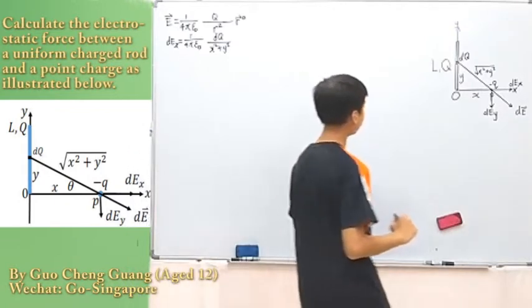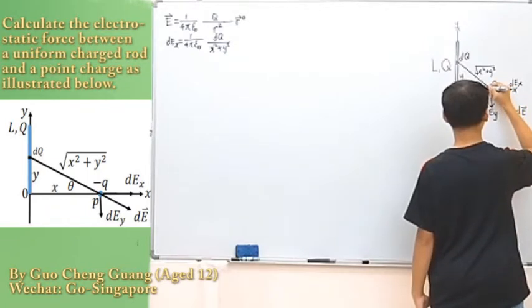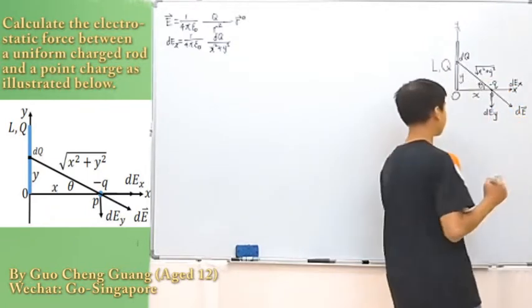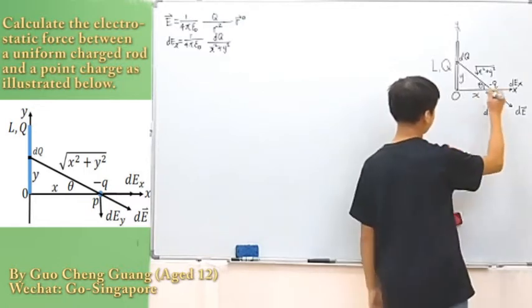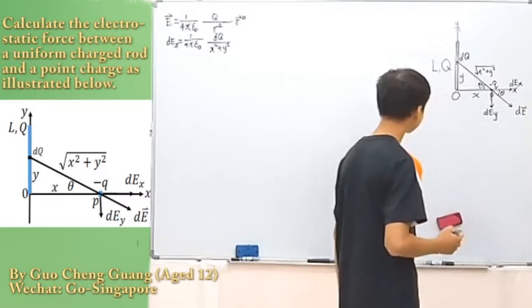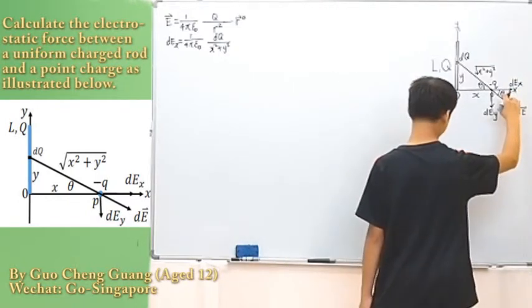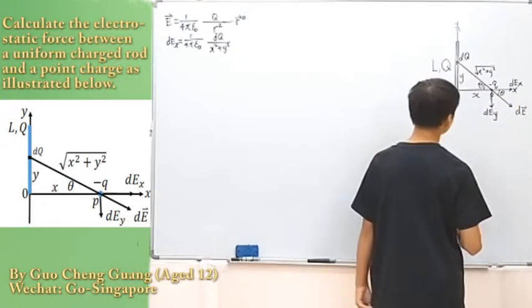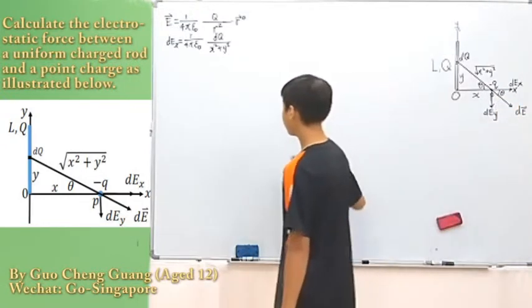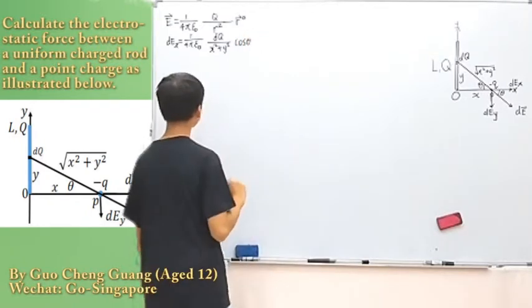So for the x component, that means we need an angle. What if we just let this angle be theta? If this angle here is theta, then here will also be theta. Just by using adjacent and hypotenuse, you will need to use the cosine. So you have to times cosine theta.